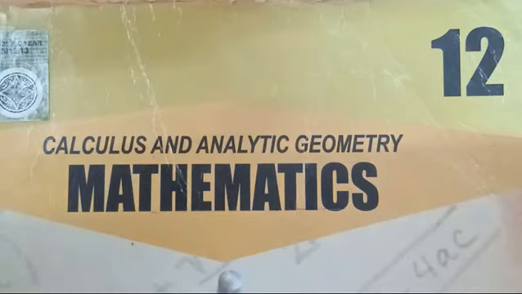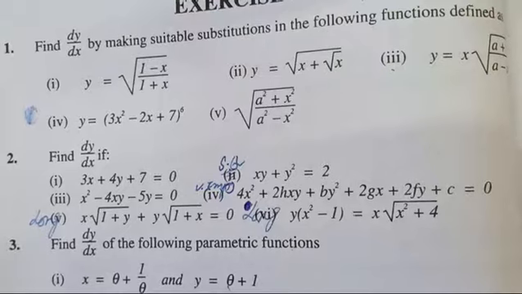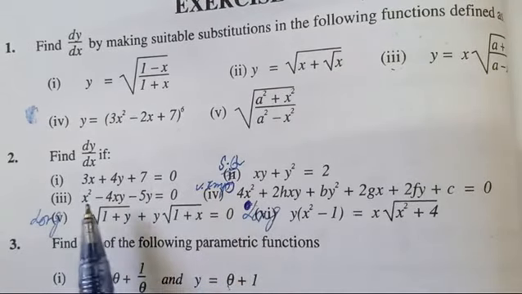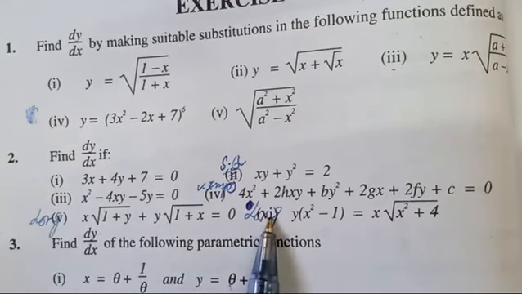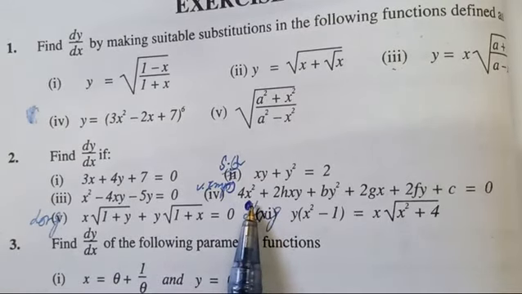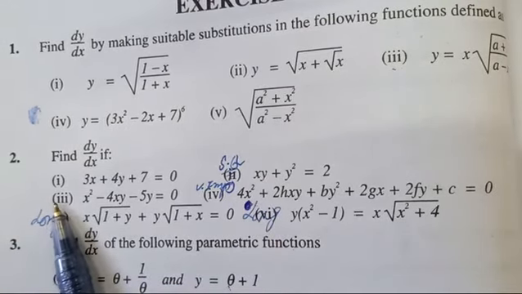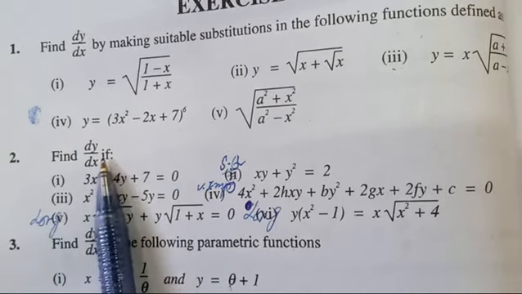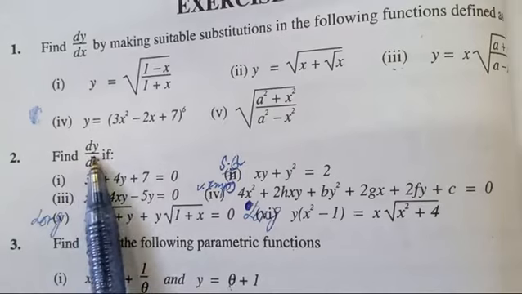We have to calculate dy over dx of the given equations. Question number 2 has 6 parts. We will solve a few parts of this question, and the rest of the parts we will solve as homework. We have to find dy over dx.